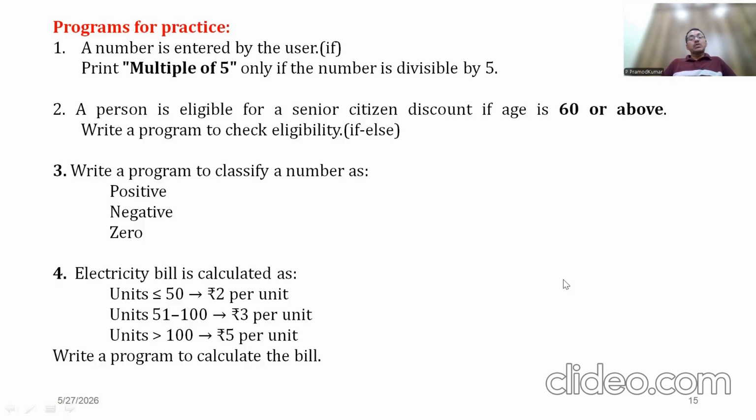Then if the consumed number of units exceeds 50 and is below 100, then the charge per unit is 3 rupees. Then if the number of units consumed by the customer is greater than 100, then per unit, the charge applicable is 5 rupees. For that, you need to develop a program using the Python programming language.